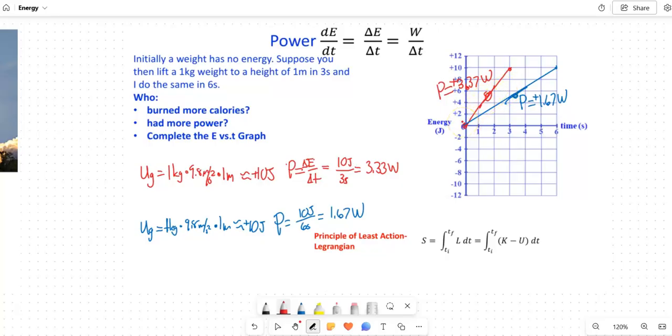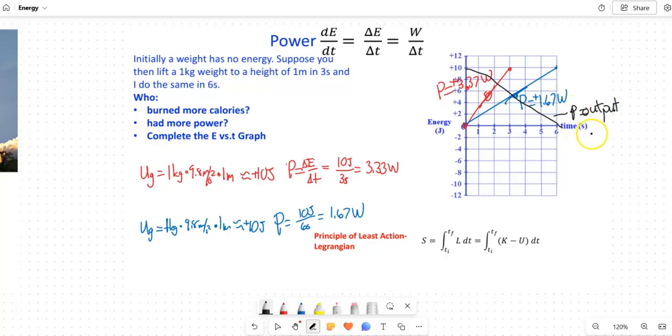If it's positive, you're adding energy to the system. So in a way, we should actually think of this as power input, how much power you're putting into the system. If the slope is negative, that's your power output, how much power you're taking from a system. So if the slope is negative here, which is going to be a negative power, that is output.